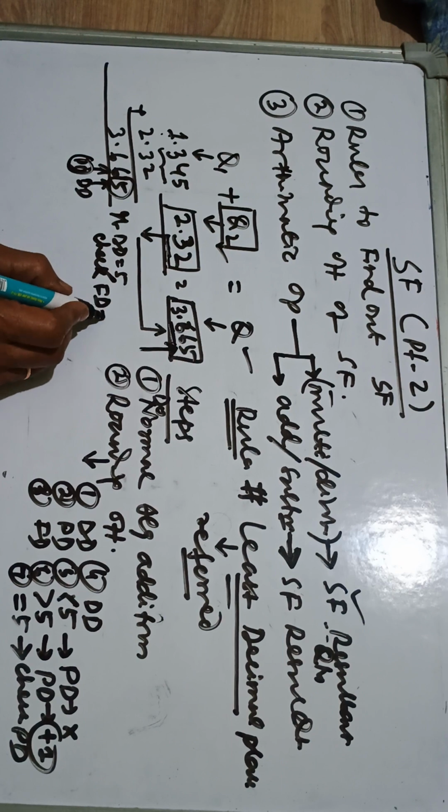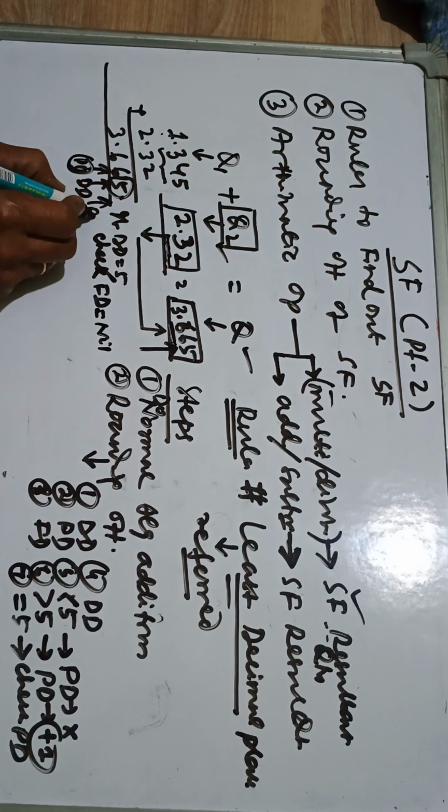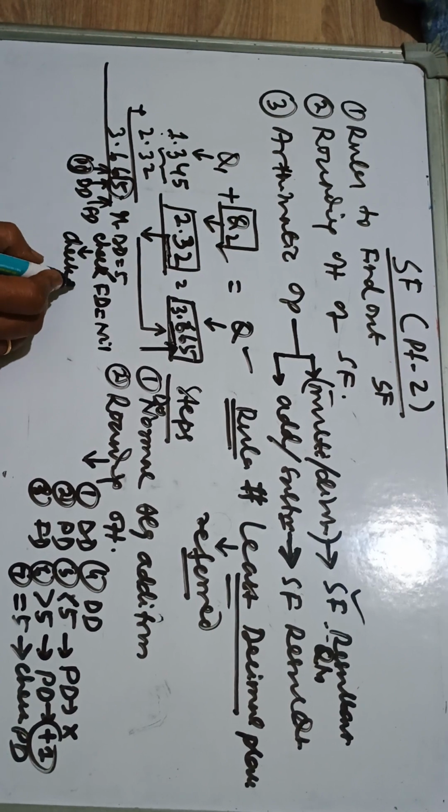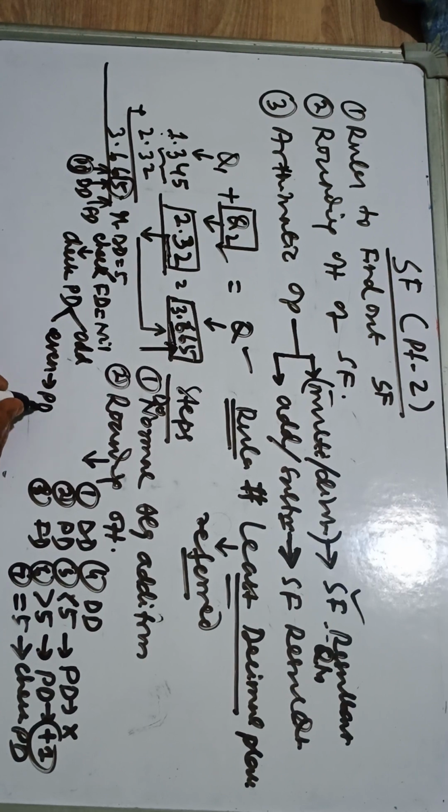Check if FD is nil, like here no number is here, there's no FD. In that case, check PD. If PD is odd or PD is even. If PD is even, no change in PD. If odd, PD will be increased by 1.